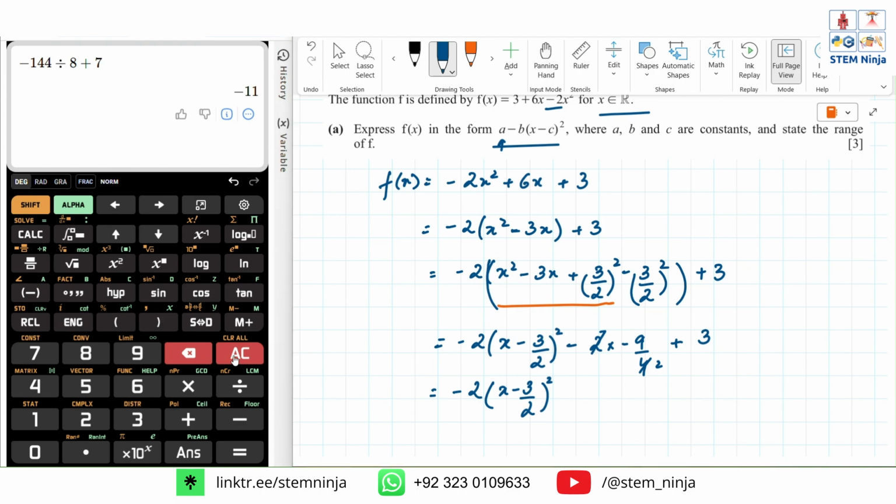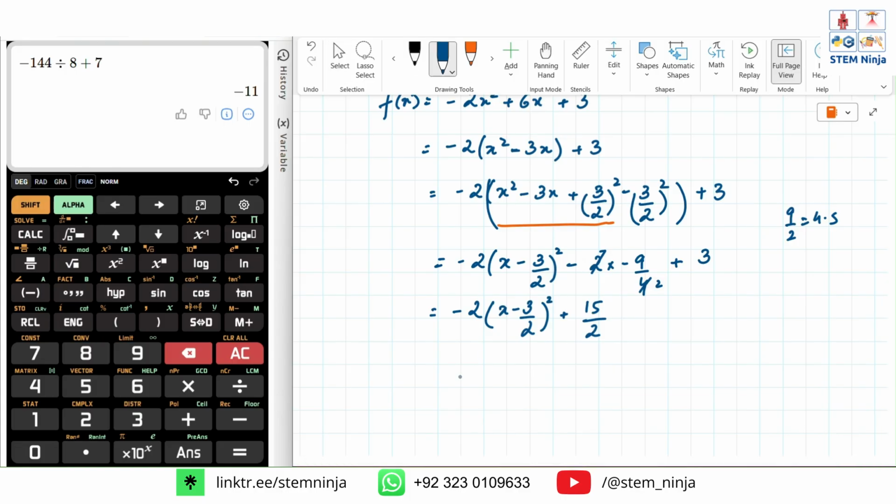So minus, minus 9 over 2, plus 9 over 2. 9 over 2 we already know to be 4.5. 4.5 plus 3 is 7.5, 15 over 2.